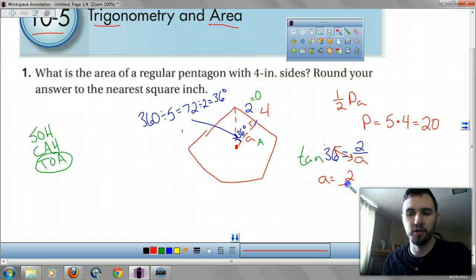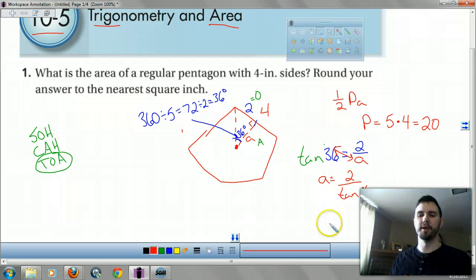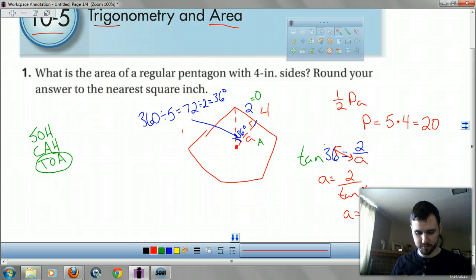So A equals 2 over tan of 36, right? I plug that in my calculator. And my apothem is about 2.75. Okay?